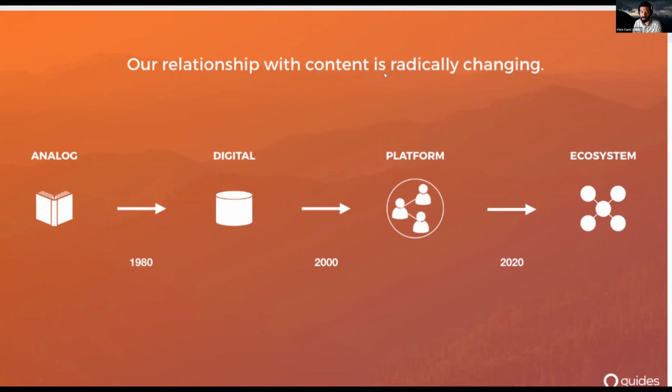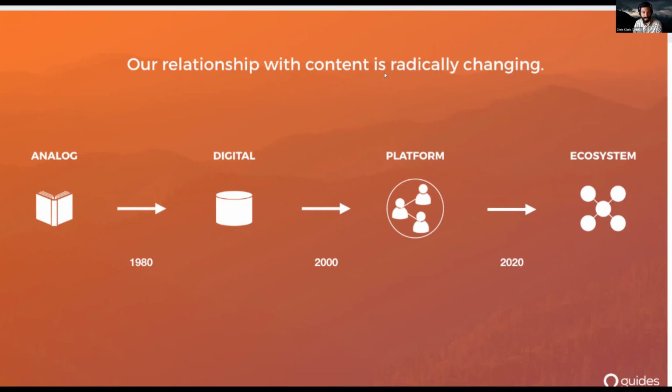Just very briefly, the relationship that we have with content, with information, with a lot of stuff in our world is changing. These next two slides come from our friends at guides.co, who have been thought partners with us on how to shape ecosystems, which is where our world is broadly heading.